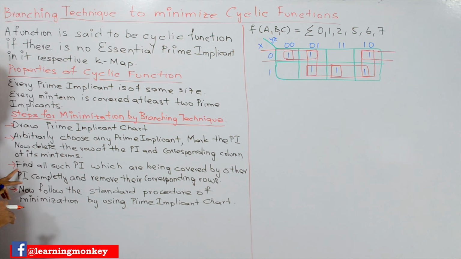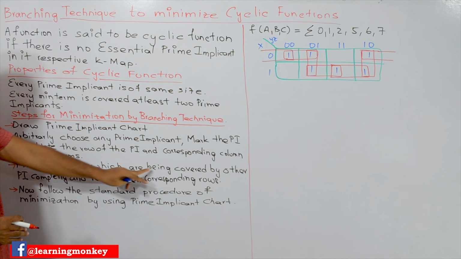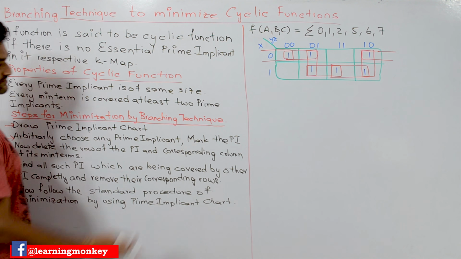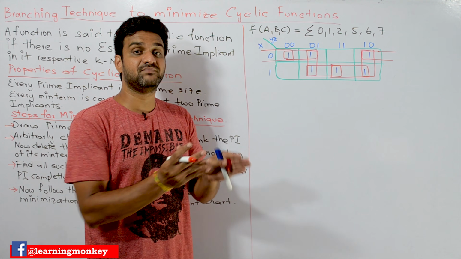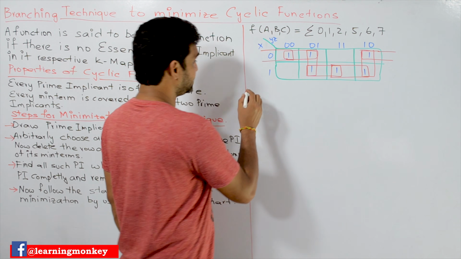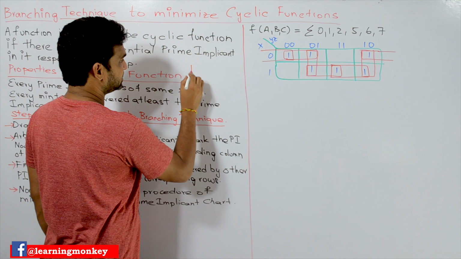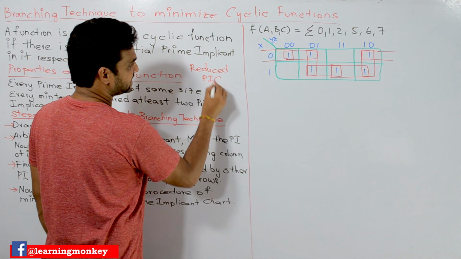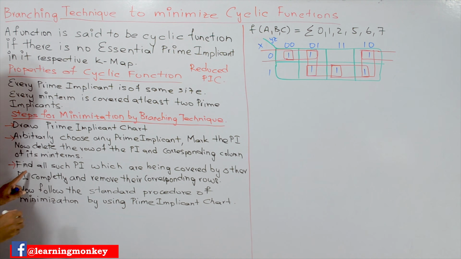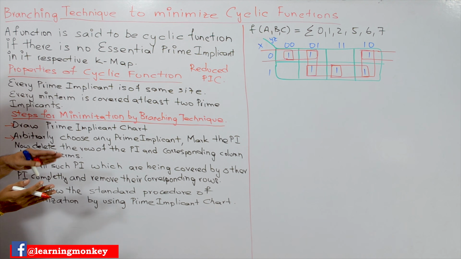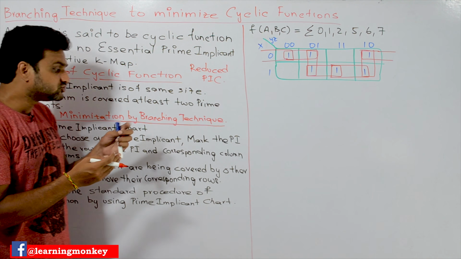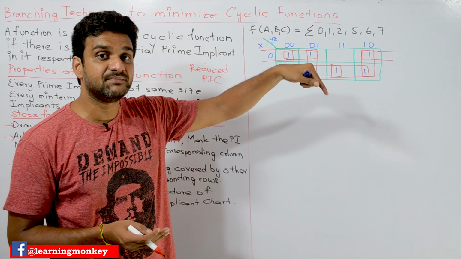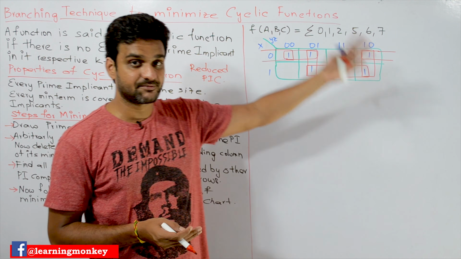Next, find all such prime implicants which are being covered by other prime implicants completely and remove their corresponding rows. From the remaining prime implicant chart, which is also called the reduced prime implicant chart, we have to choose the prime implicants in such a way that all the minterms of that prime implicant are covered by some other prime implicant.